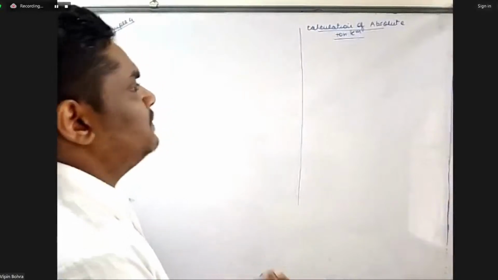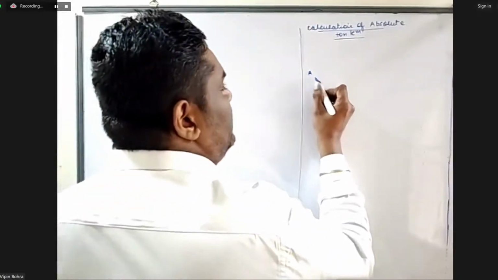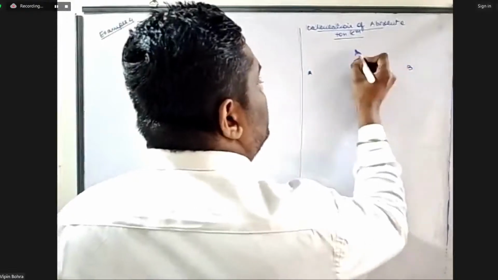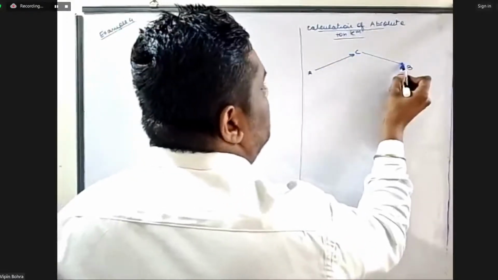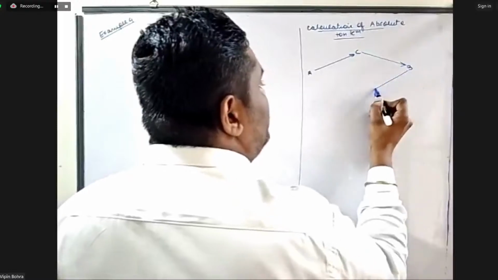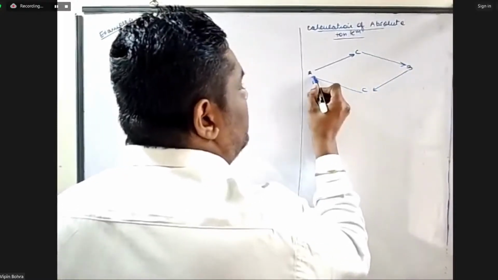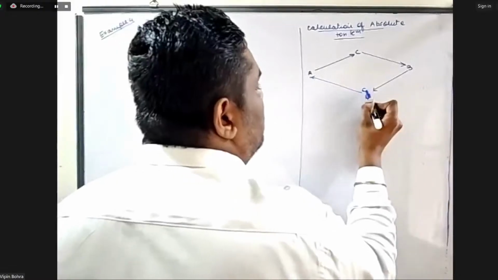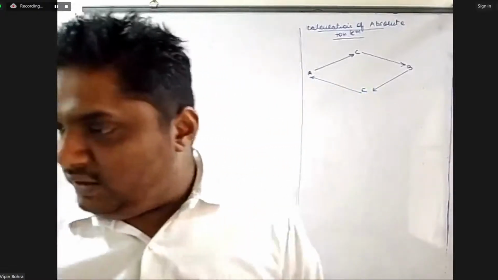So let's start. There are 3 stations involved: A, B, and C. A to C, C to B, from B again to C, and from C to A. This is what is given in the question.